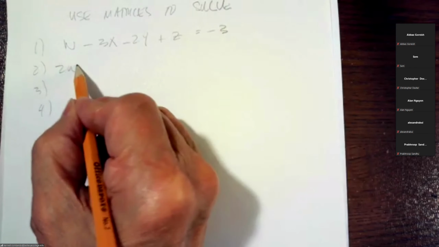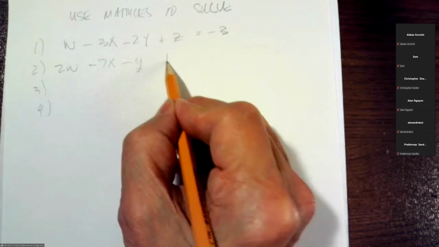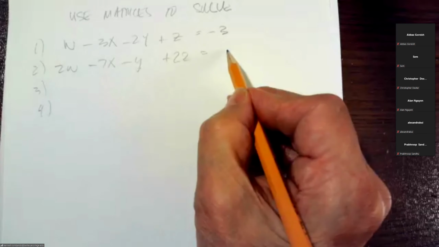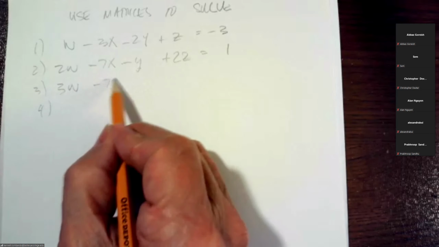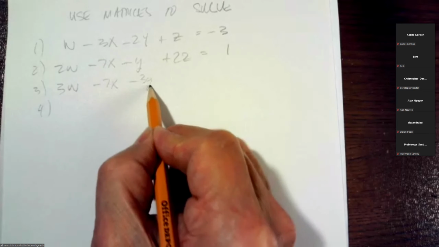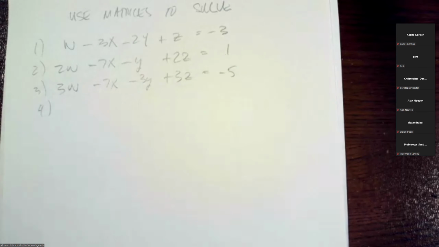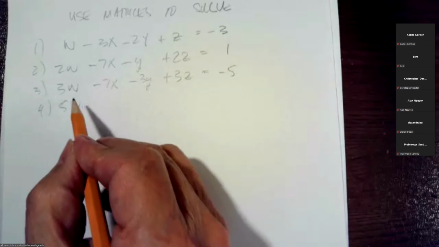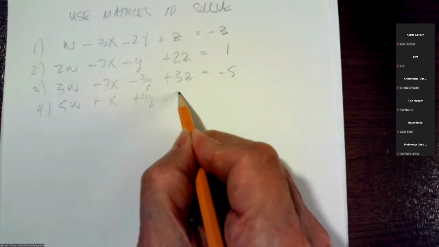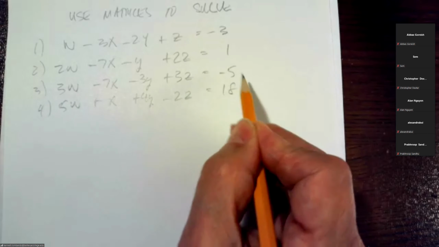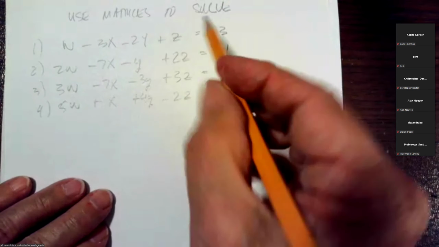I have 2w, 7x, y, 2z equals 1, 3w, 7x, 3y, 3z, -5, and 5w plus x plus 4y minus 2z equals 18. Solve using matrices.